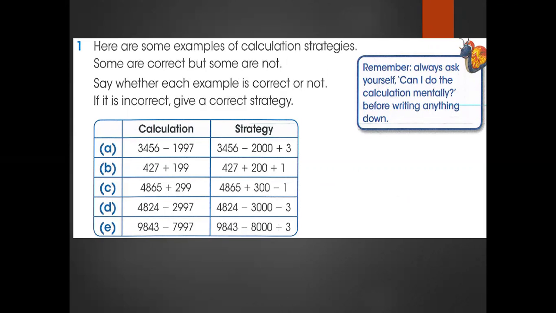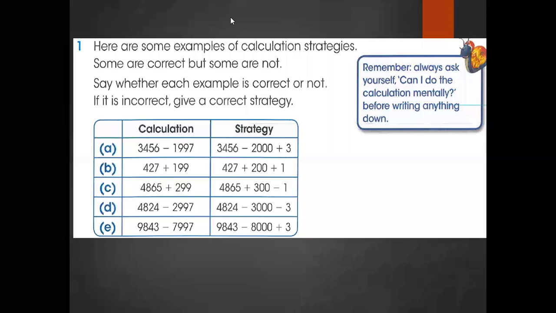First, we need to find the number that is closest to a multiple of hundreds. Let's suppose I have 1997. So how much do we add to make it 2000? So what we need to do here is minus, and this calculation is correct. Let me tell you why.